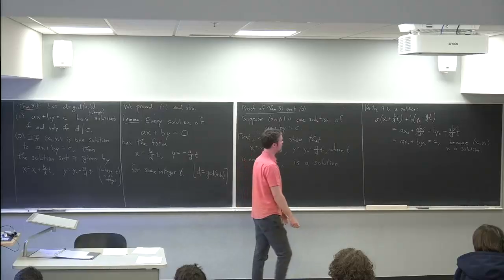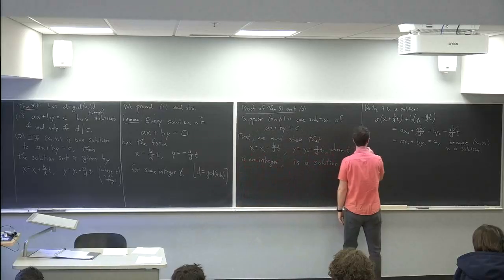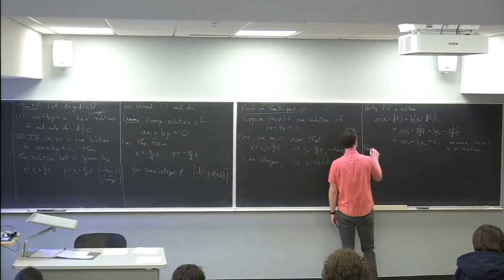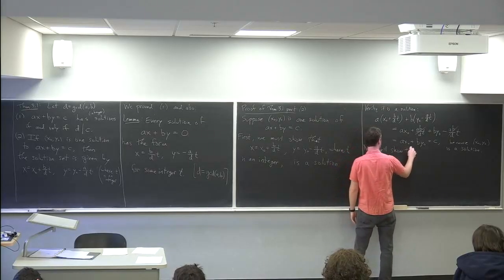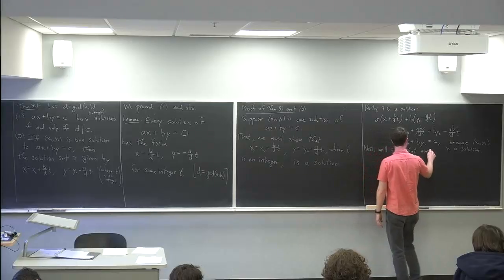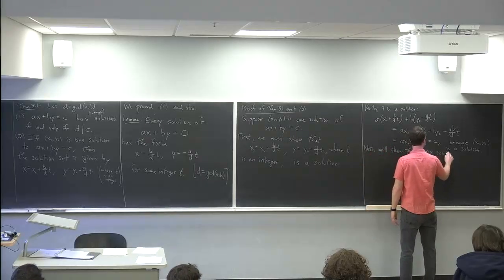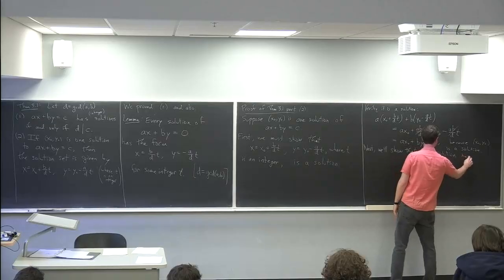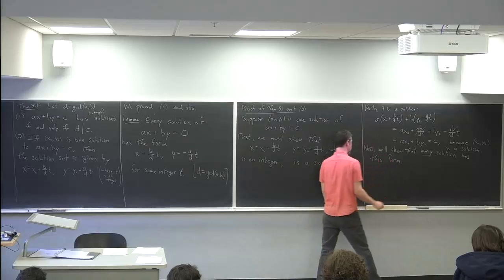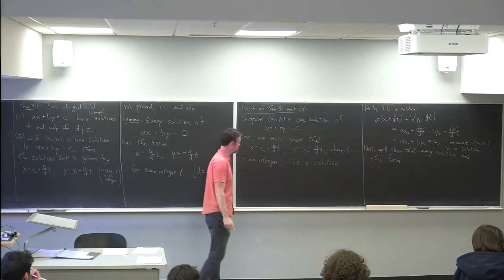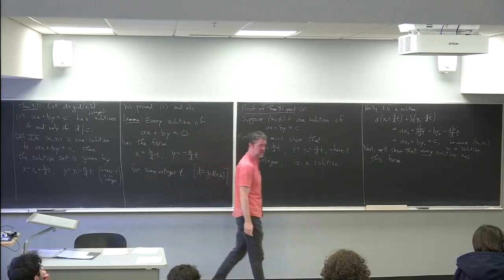Okay, so next up, what we would need to do is show that every solution has this form. So what we're going to do now is just suppose somebody hands us a random arbitrary solution.